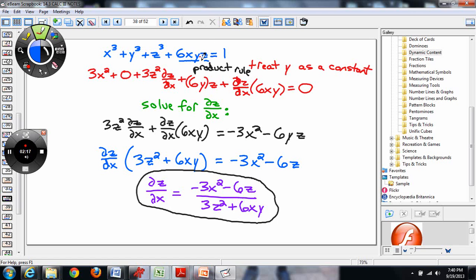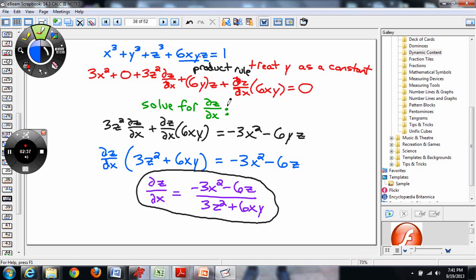And then times the z, so that's what I have here, plus, and then I would find the partial derivative of the z. So I would have partial derivative of z with respect to x, and then I would just write that as it is, 6xy.